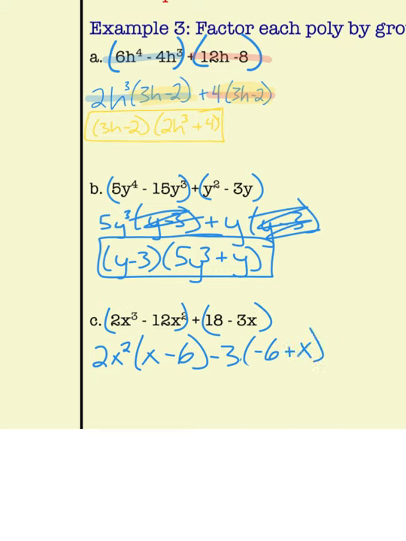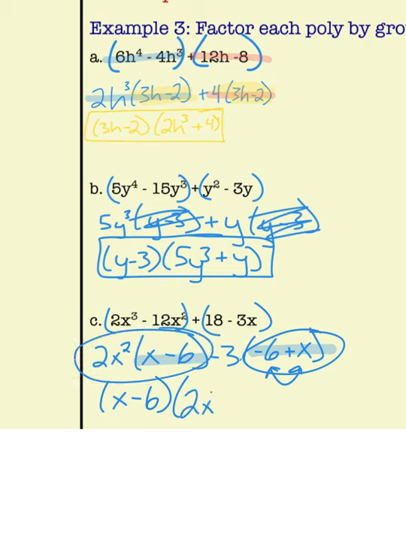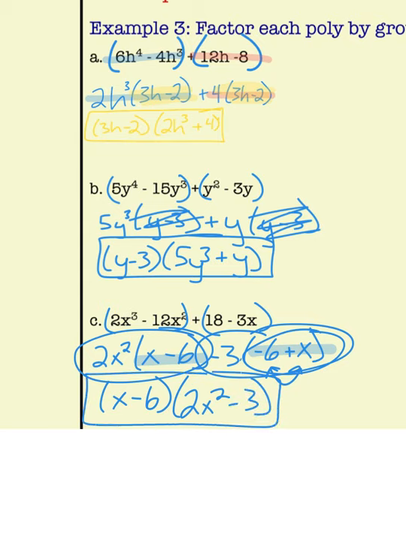And now we know that x minus 6 is the same thing as negative 6 plus x. So now I'm going to rewrite this as x minus 6, knowing that that is the same thing as this. All I got to do is flip these terms around. And then what's left from the first term, this part, is 2x squared, and what's left from the second half is minus 3. That is our final answer.